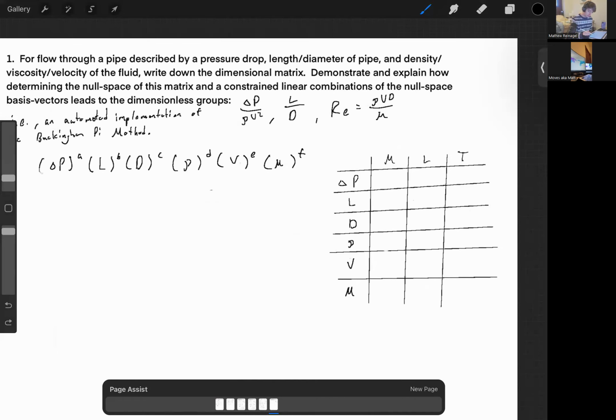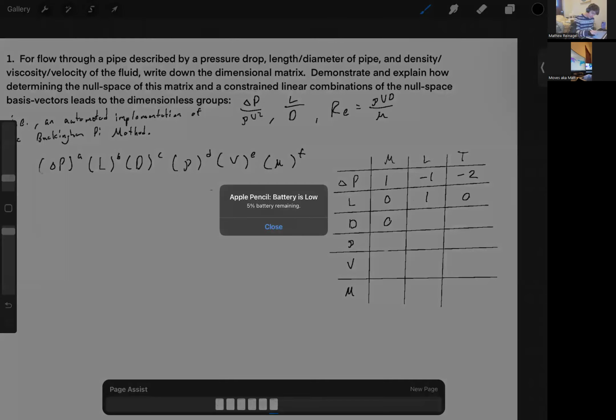So I already have the Buckingham chart here, so we're just going to go through this mass, length, time diagram and figure out what properties these have. So pressure is usually mass per length times time squared. So this is going to be 1, -1, -2. For the length, this will be just 1 in the length, 0 in mass, 0 in time.